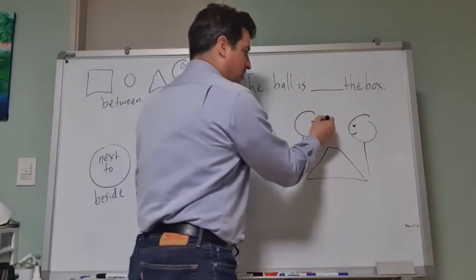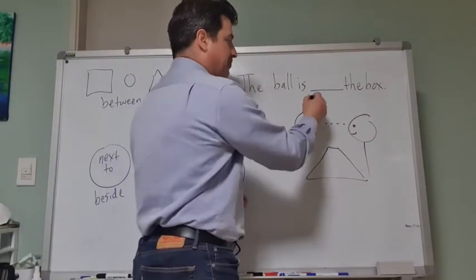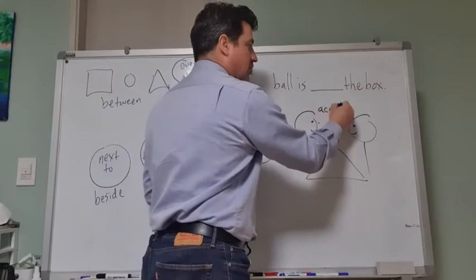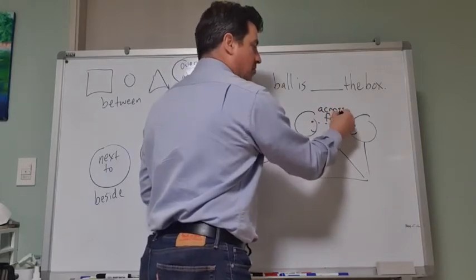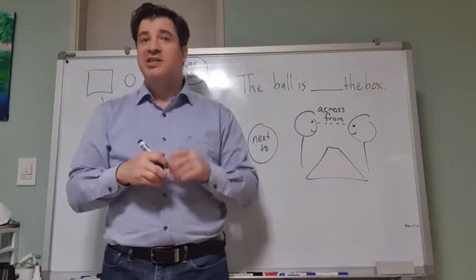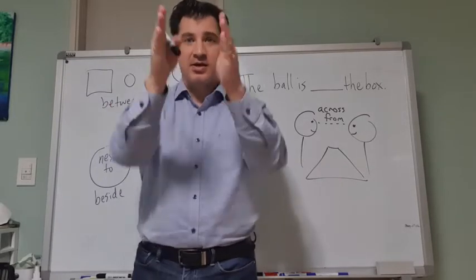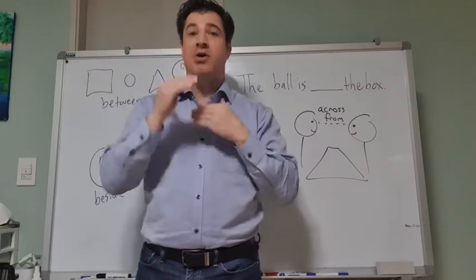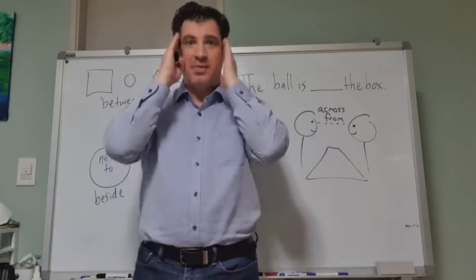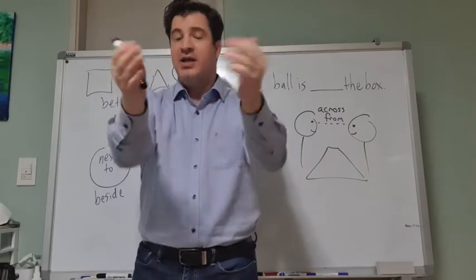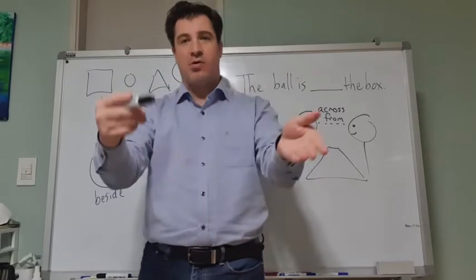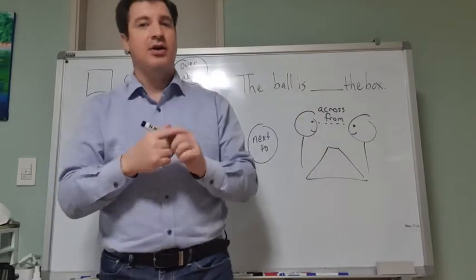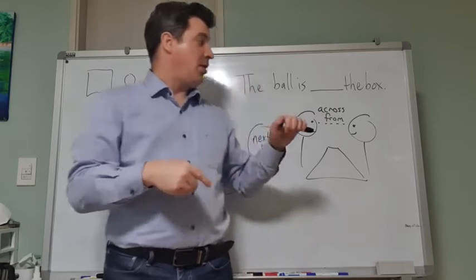We would say they are across from each other. Across from means they're facing, looking at each other. I am across from you. My face is looking at where hopefully your face is, if you are watching this video and paying attention, which I certainly hope that you are.